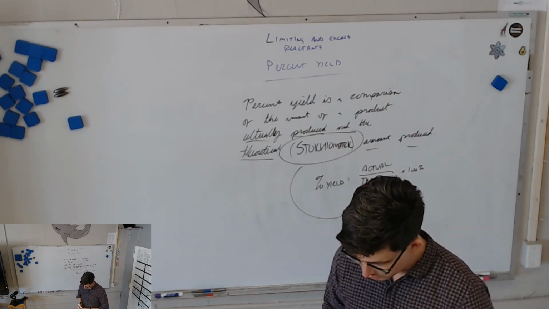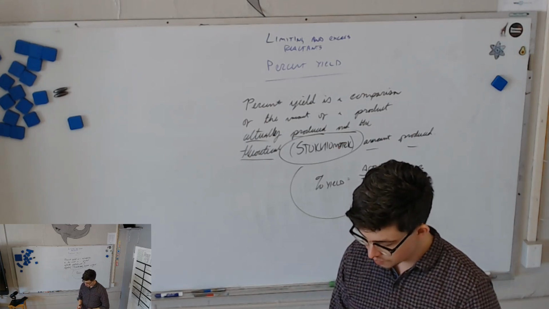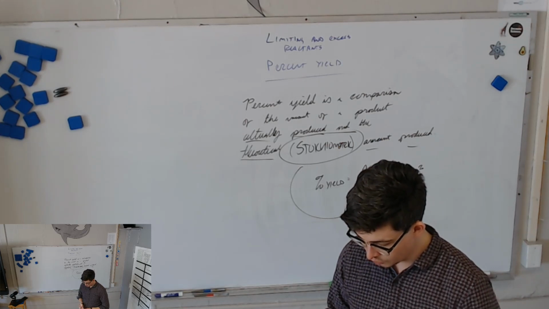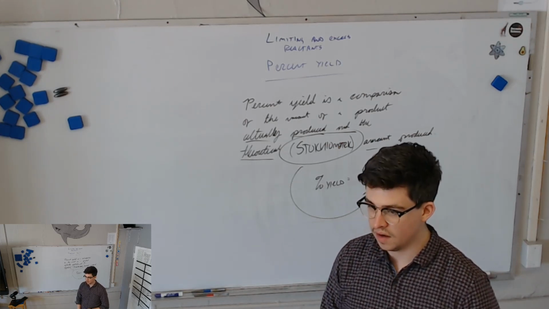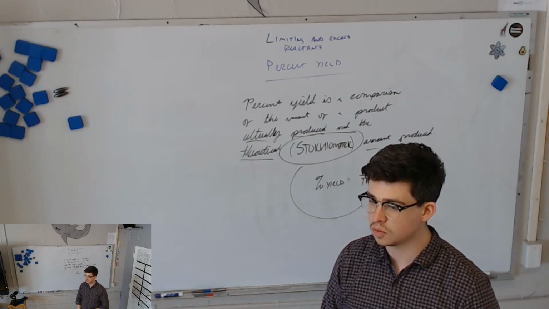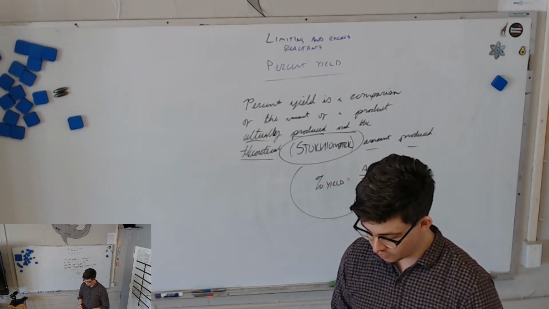Determine the theoretical yield of silver chromate. Then calculate the percent yield if the reaction yields 0.455 grams of silver chromate. What's your actual yield? It just gave it to you: 0.455 grams of silver chromate.